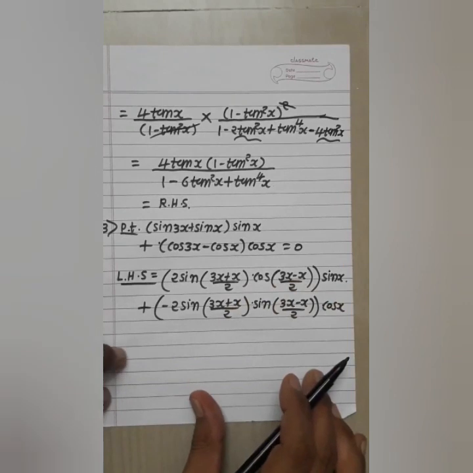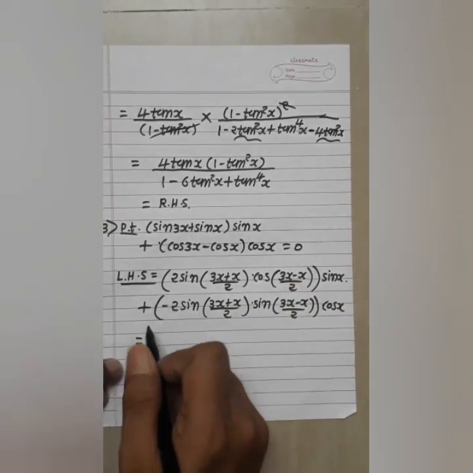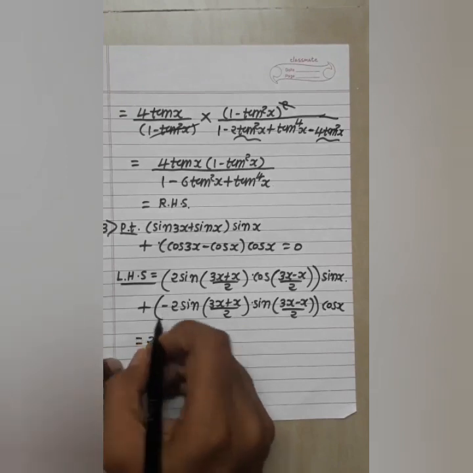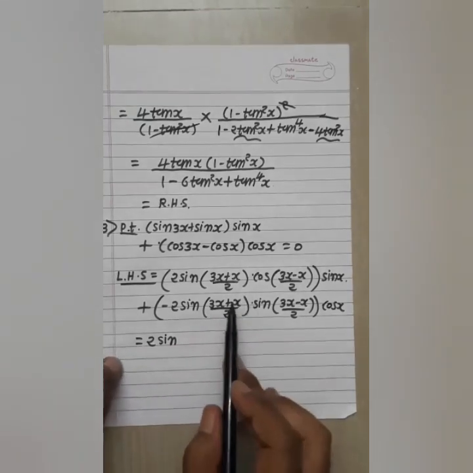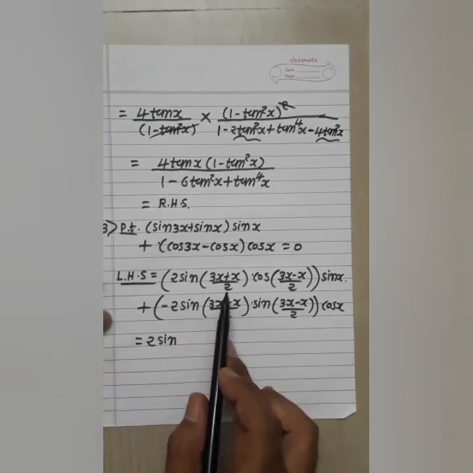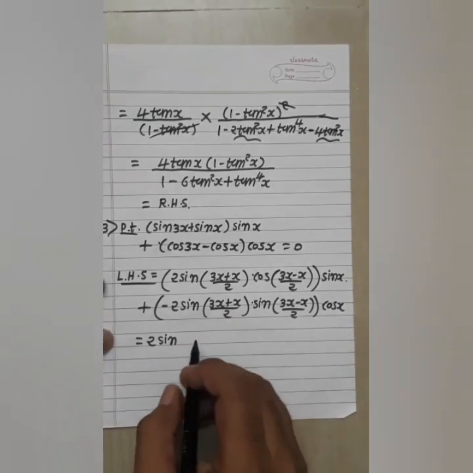Now after opening this bracket, simplify this term. So 2 times sin (3x plus x) divided by 2. So 3x plus x, that means 4x divided by 2.